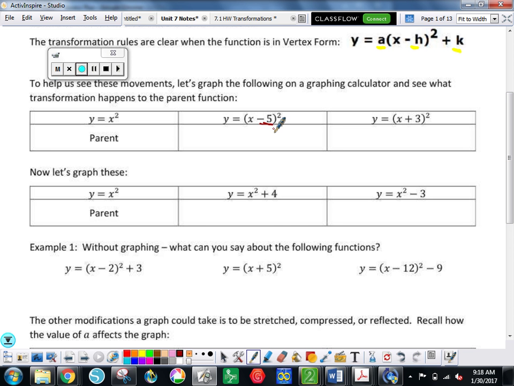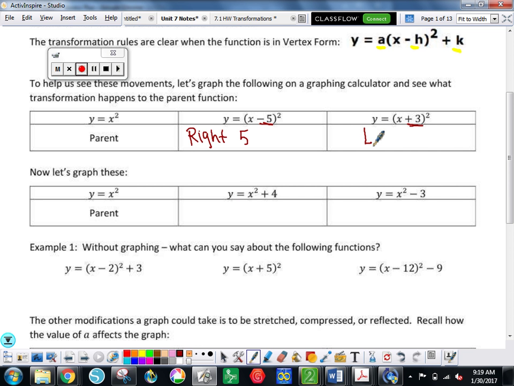So I have -5 here, would the graph shift up, down, left, or right? If that was a -5, it would go, say again, right, good. If you also thought right, you can give yourself a point. It would go right 5. And then that +3 would move up, down, left, or right.